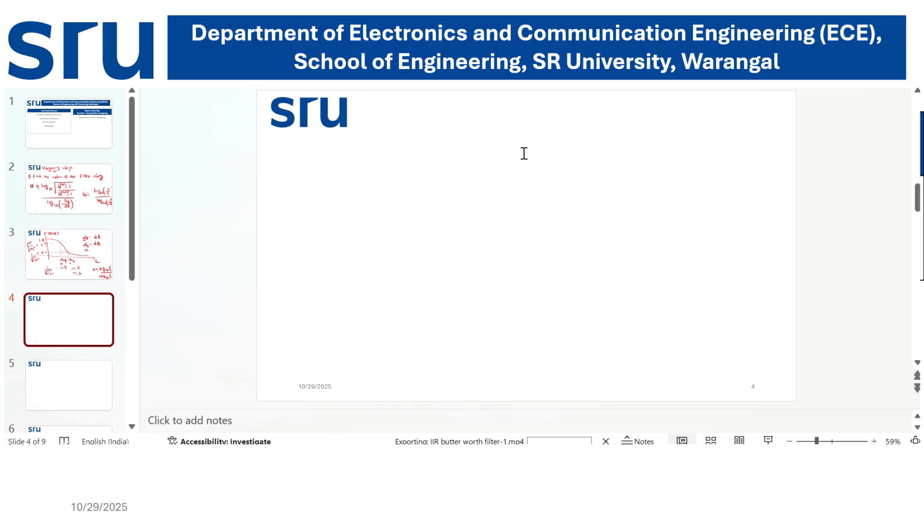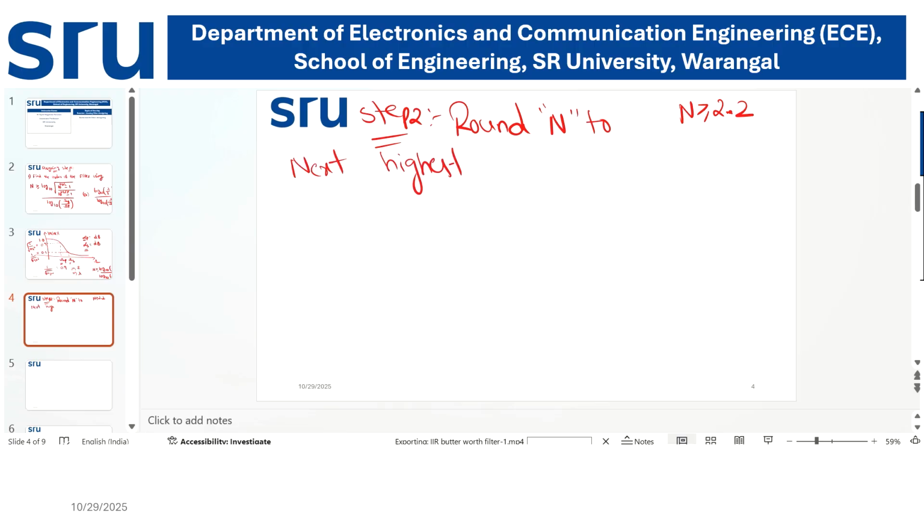Now step number 2. Suppose from step number 1 you got n greater than or equal to 2.2. So you have a fractional number, and filters cannot have a fractional order. So step number 2 is rounding the n value from step number 1, to the next highest integer.